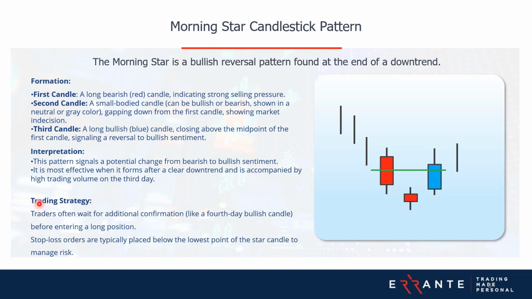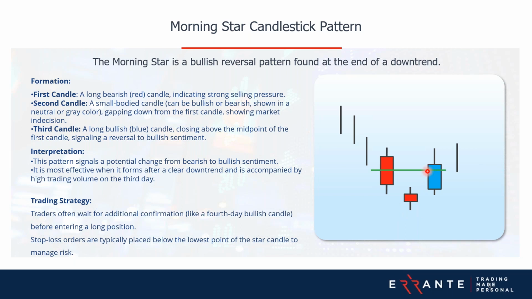As you see here, this is the way that we can usually develop a trading strategy based on this pattern. Traders often wait for additional confirmation, as I said before, entering a long position. The first confirmation you can get is to wait for the third candle to close above the midpoint of the first candle in the pattern, and then you can enter a long position, with your stop loss order typically placed below the lowest point of the star candle to manage your risk.